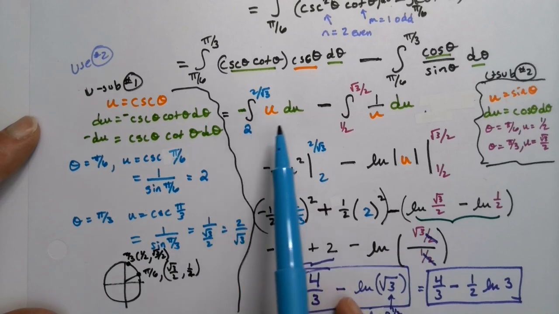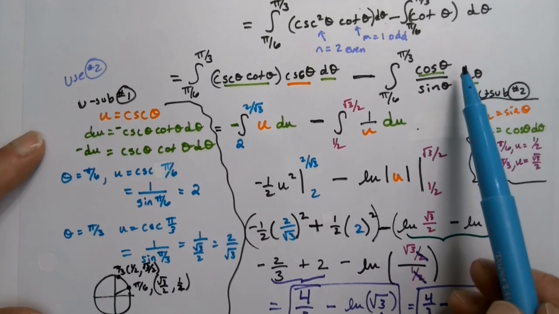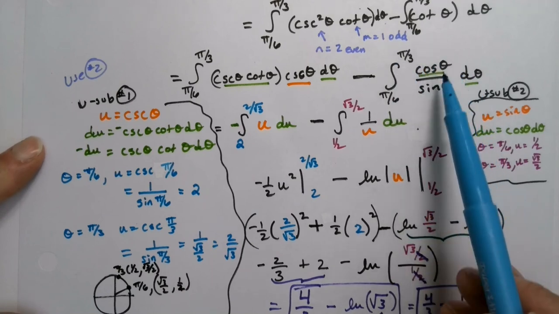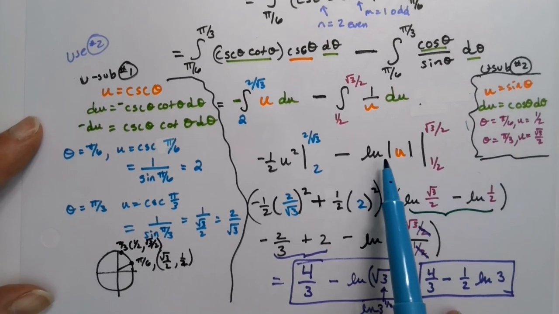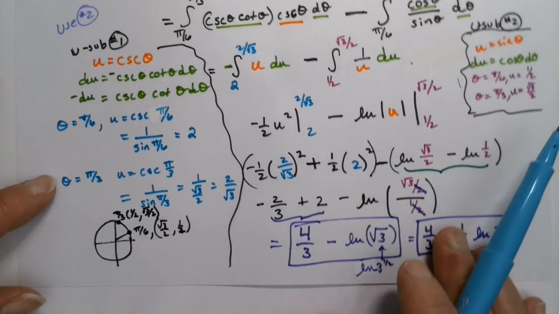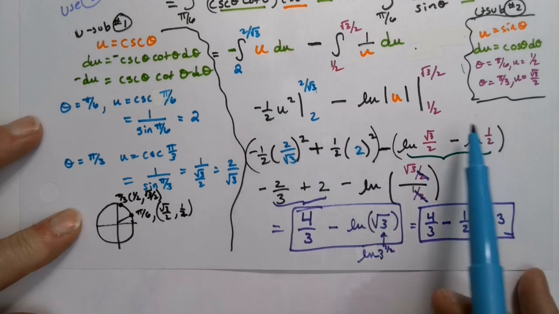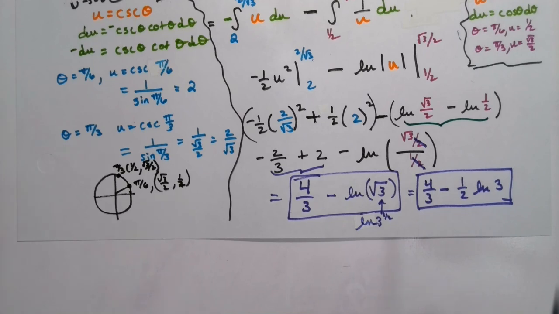And that got us this bit on the left. So that's u sub number 1. Then over here on the right, cosine over sine, which is what cotangent is, we did a little u sub, and that gave us this one. Then, putting them together, we have the one on the left minus the one on the right. And then algebra took over, and we used our logarithm properties.